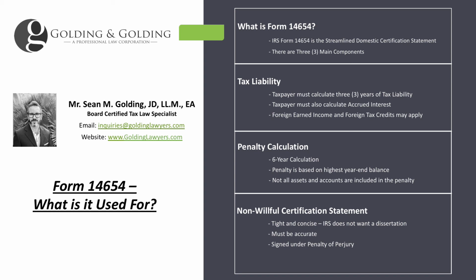Well, because you're signing it under penalty of perjury. Any experienced attorney will tell you signing it under penalty of perjury is important. You're making a declaration to the IRS and with the Streamlined program, you are proactively going in there and making a certification statement under penalty of perjury, so it's not the time to lie.